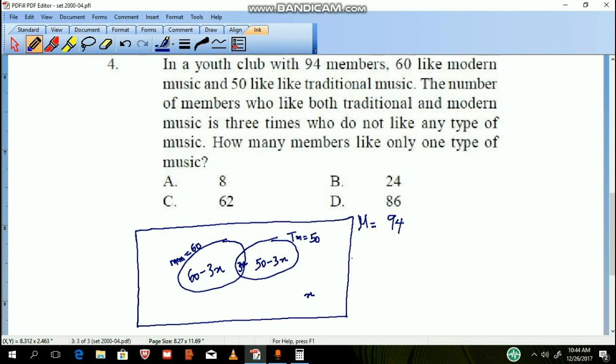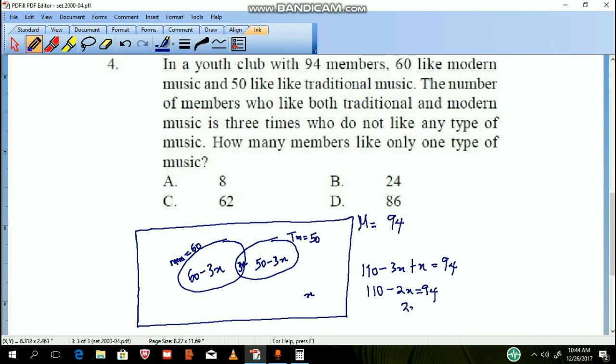First thing first, you need to get x. So for us to get x, 60 plus 50 is 110. 110 minus 3x plus x will be equal to 94. So 110 minus 2x equal to 94.